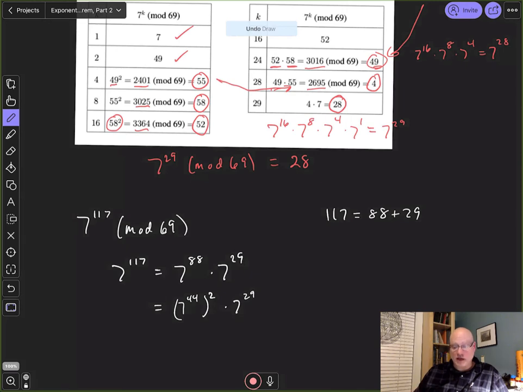And because of Euler's theorem, we know that 7 to the 44th is 1. 1 squared is 1, times 7 to the 29th is 28, because we just calculated that. So it turns out that 7 to the 117th is still 28 mod 69.